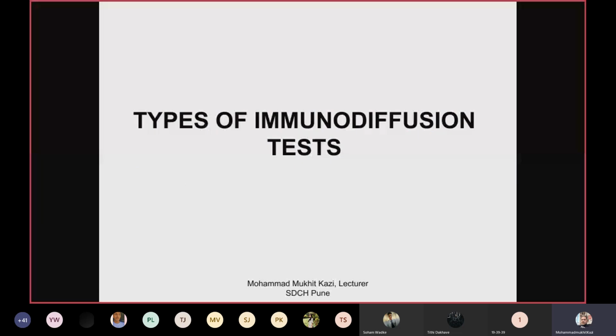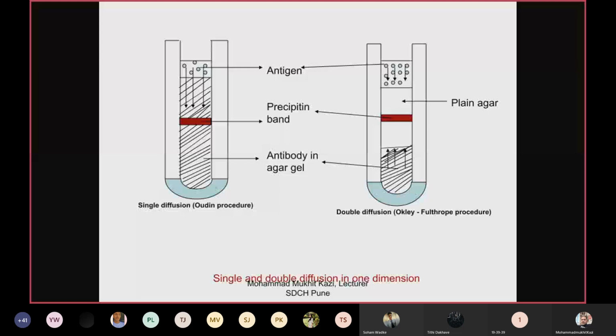Now there are different types of immunodiffusion tests. You can see there are two tubes now. On the left, single diffusion, which is also called the Oudin procedure. Now, what is single diffusion? You can see on the top, antigen is loaded and the entire tube has the antibody in agarose gel.